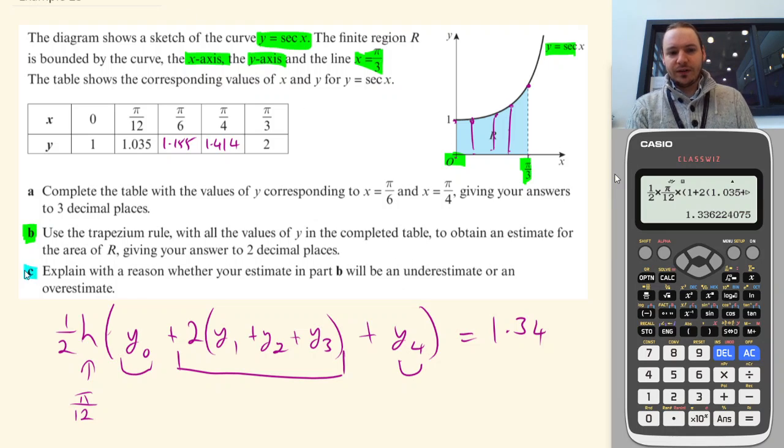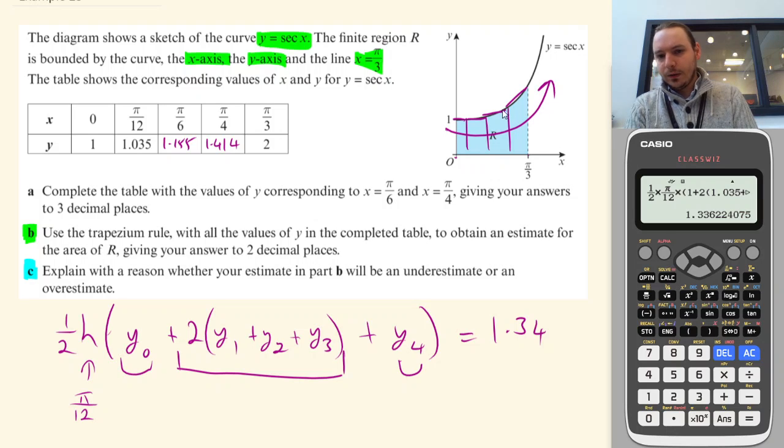The final thing to notice is part C, explain with a reason whether your estimate is under or over. So we just need to look at our curve here to establish what we think is going to happen. If I just sketch in those trapezia, you can see that because this curve is going that way, all of my trapezium lines are going to be slightly above the curve.